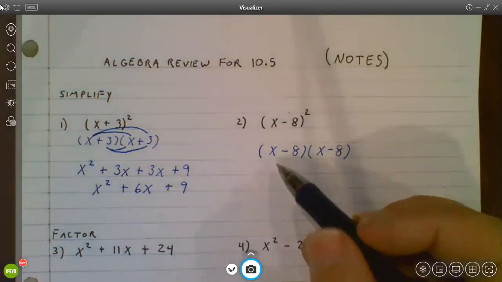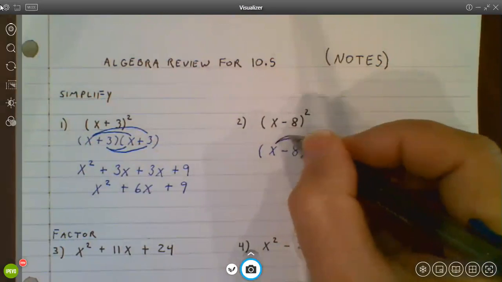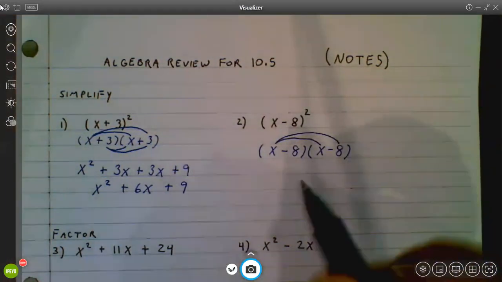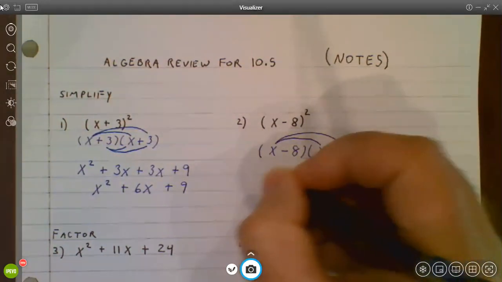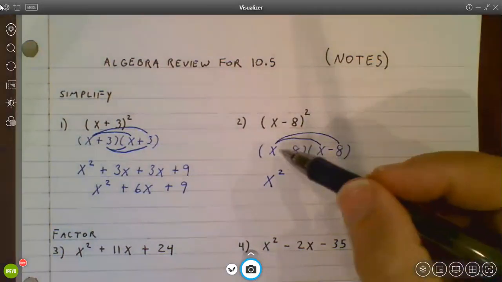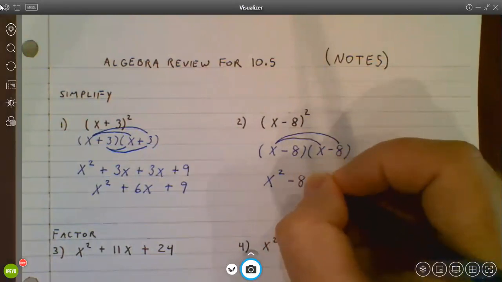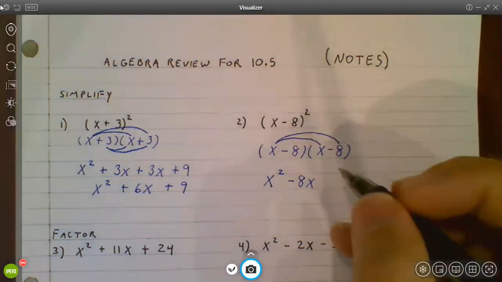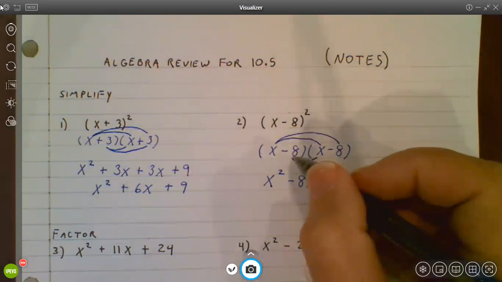So we're just going to start with distributing the x to both of those guys. So if we did x times x, we know we get x squared. And if I do x times negative 8, we get negative 8x. So the next thing we're going to do is distribute the negative 8 to both of these.